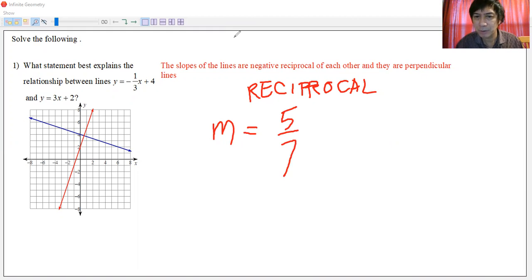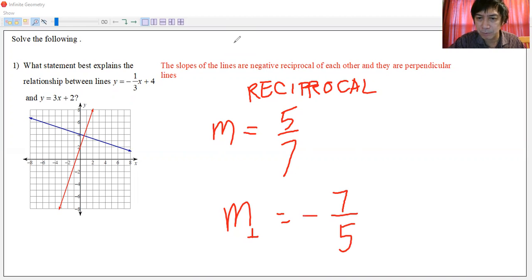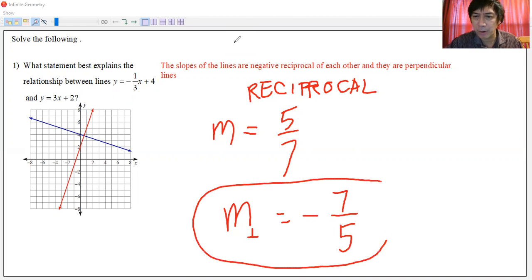The negative reciprocal must be 7 over 5. And then you have to reverse the sign. From positive, it is now negative. There. This is the required negative reciprocal. All right. This is the very nature of getting the negative reciprocal.